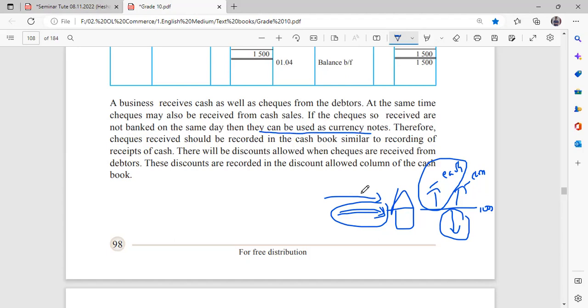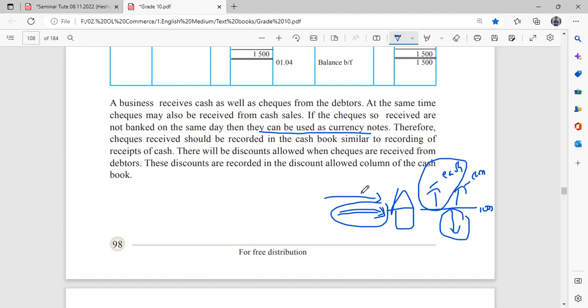We can transfer this check to another party for a business payment. We call this endorsement, and we can learn it later. So we can take it as a currency note. That's why, until we deposit it, we need to record it in the cash book.